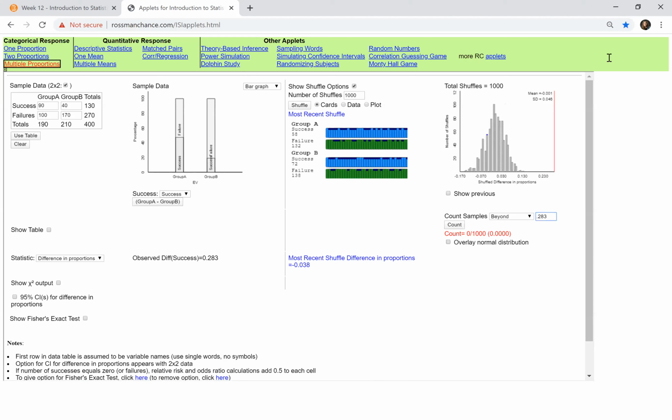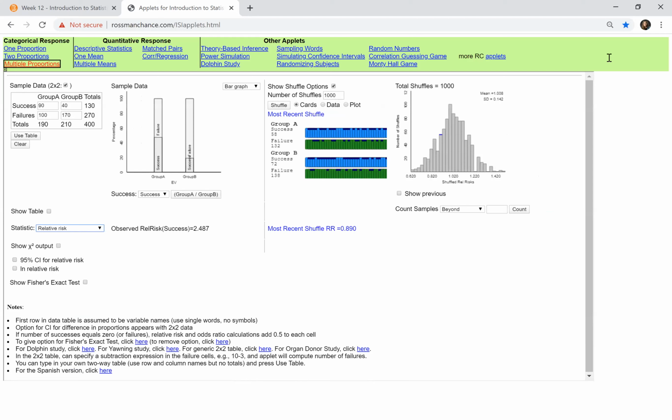What if we wanted to test relative risk? I could change this to relative risk. There it's showing me that relative risk value that we calculated earlier. What would I do with that relative risk value to be able to find this p-value for relative risk?